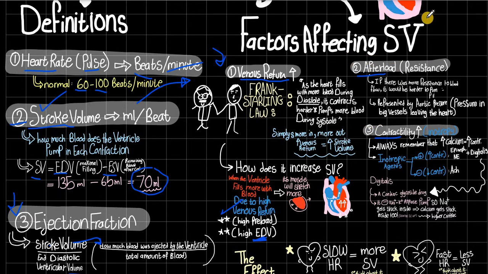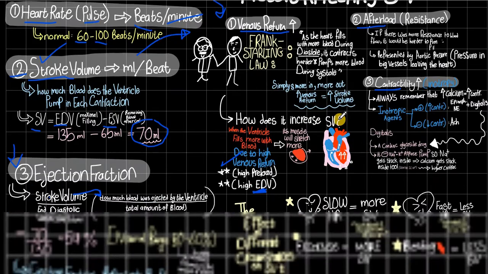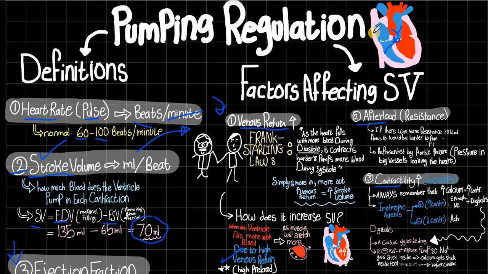Factor number two is known as the afterload or the resistance. Imagine that the ventricle is trying to pump blood away, but the aorta or the pulmonary artery are inhibiting it from pumping blood, or are constricting and telling the ventricle, stop pumping blood, I won't let you pump all the blood away.